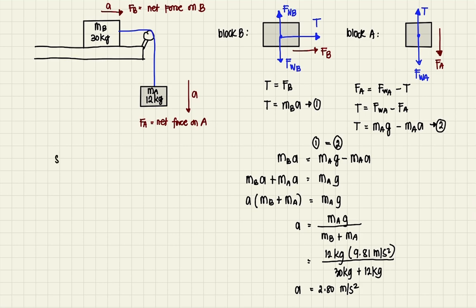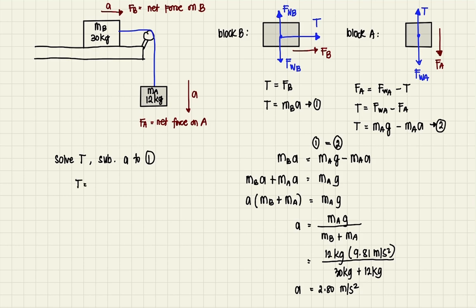So to solve for T, substitute in either equation number 1 or 2, but let's use equation number 1 because it's a shorter solution. Substitute a into equation number 1.